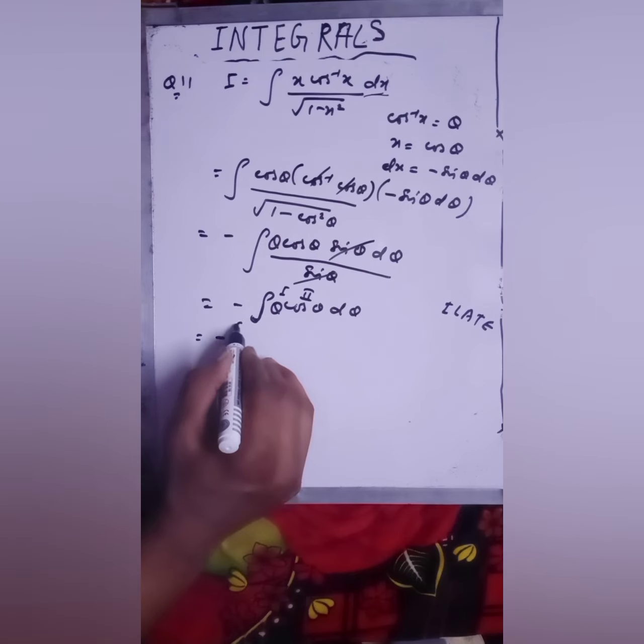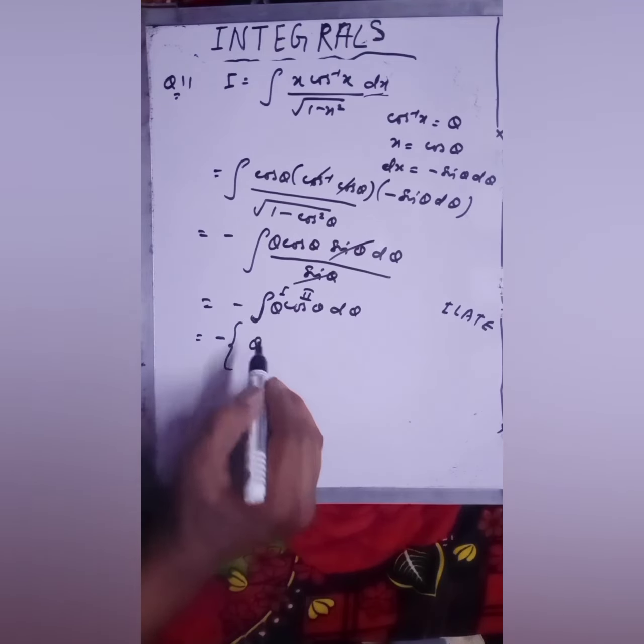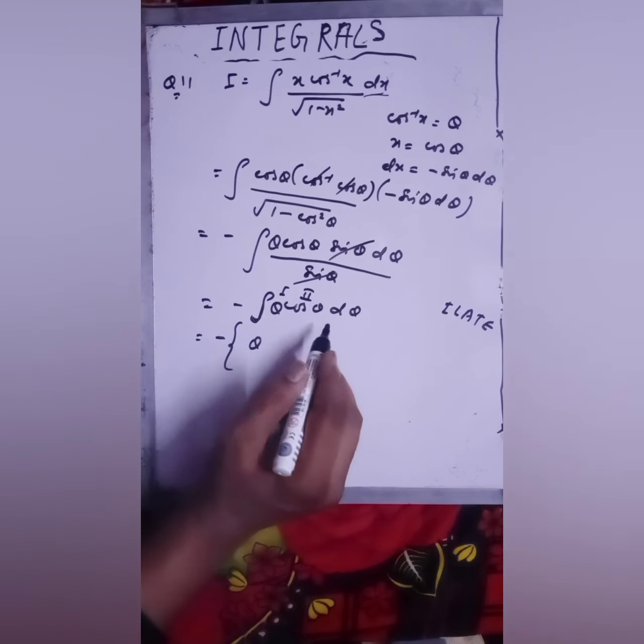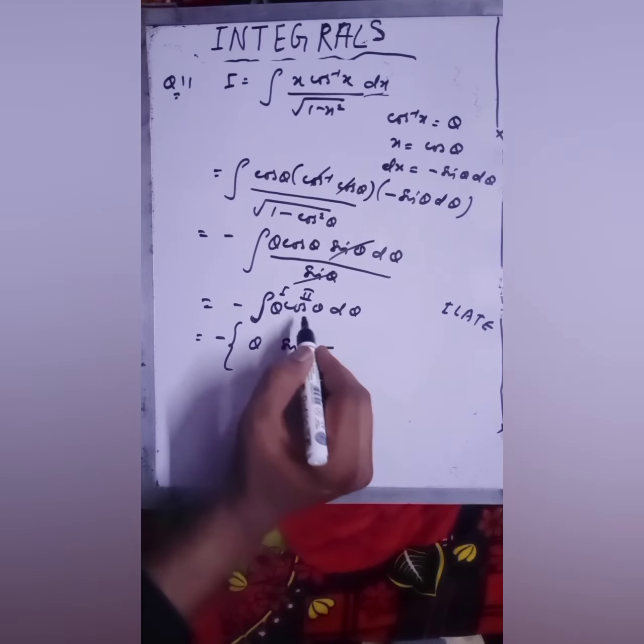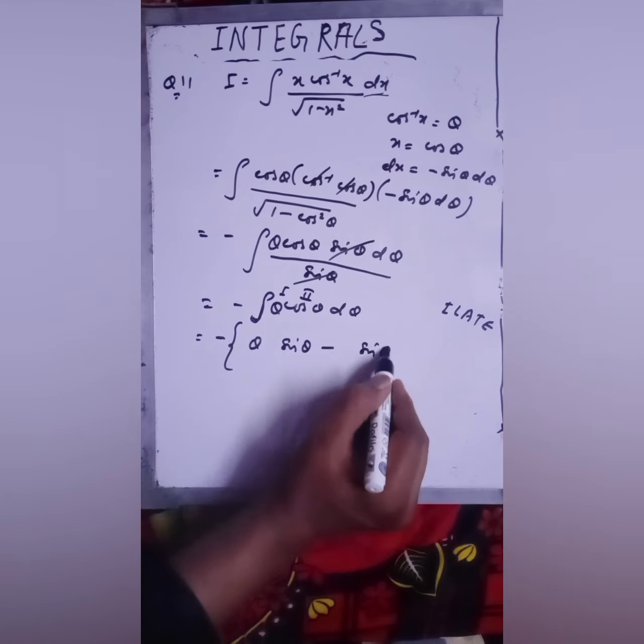So here I'm writing the first function will remain the same, and the integration of cos theta will be sine theta, minus the derivative of theta, which is 1, so I'm not showing it here, and the integration of sine theta, and this whole integration also. So this is minus theta sine theta, and this minus and minus will become positive. I'm inserting this negative here, and the integration of sine theta is minus cos theta, plus c.